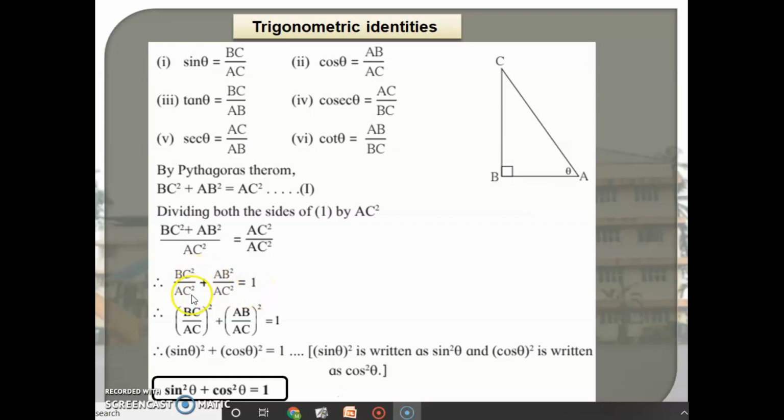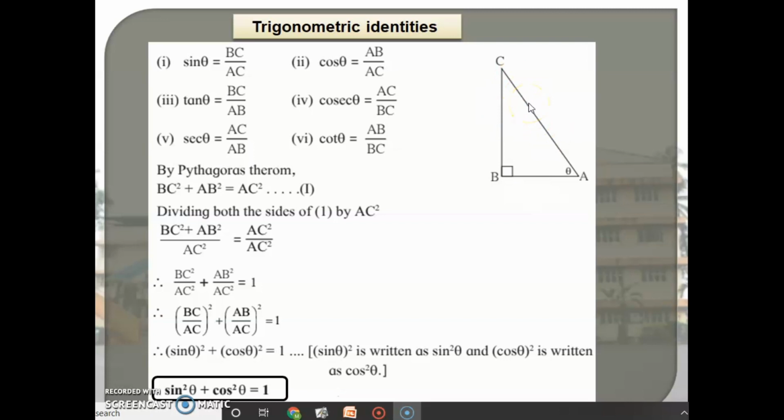Now BC square upon AC square we can also write as BC upon AC the whole square. Same way, AB square upon AC square we can write as AB upon AC the whole square. Now if you look at this figure, you will come to know BC is the opposite side and AC is the hypotenuse.